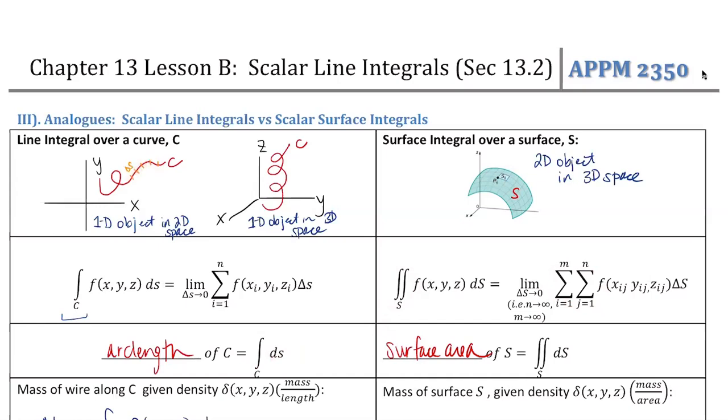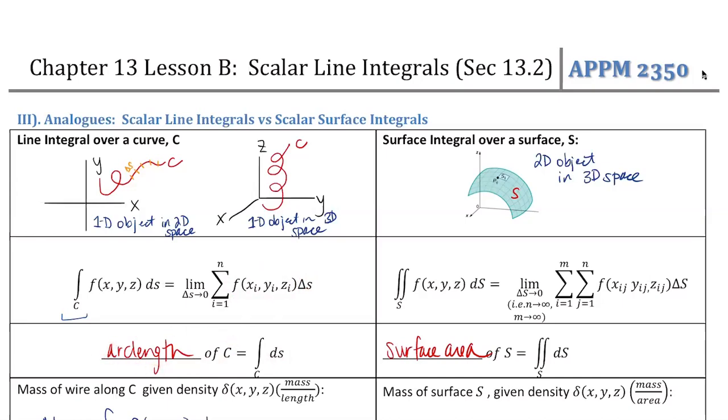And in fact, if we chop it up into little pieces, these are length delta s. So imagine that your f right here is just 1. It means I'm just adding up all these lengths, delta s. As I chop it up into more and more, I'm still going to end up with just the total length of the curve when I take that limit.